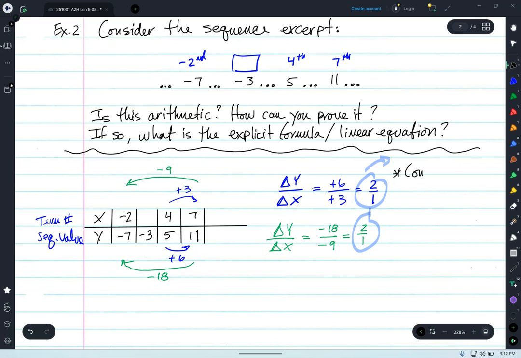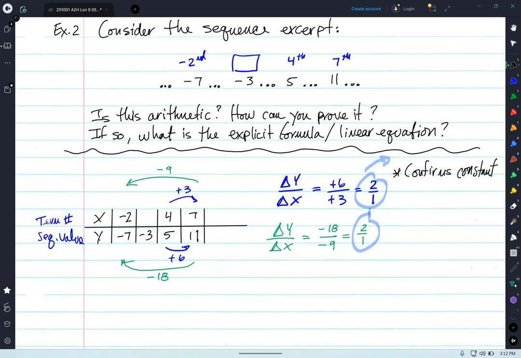This confirms, watch this one. Remember this language? A constant rate of change. Confirms a constant rate of change.